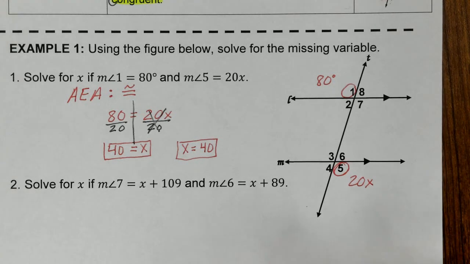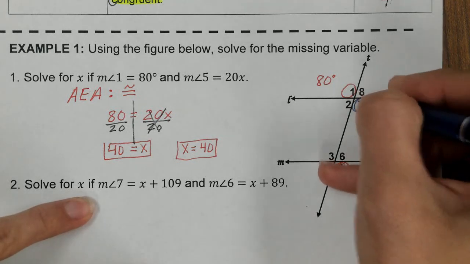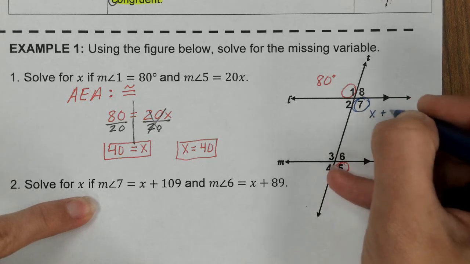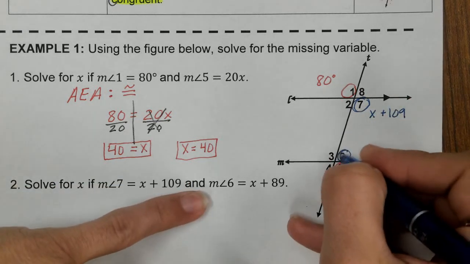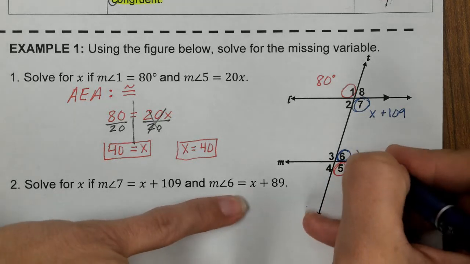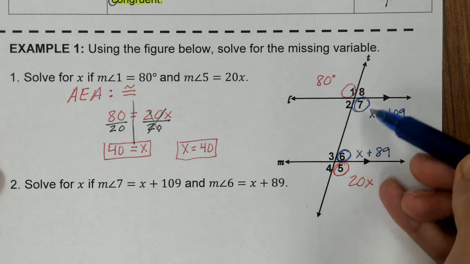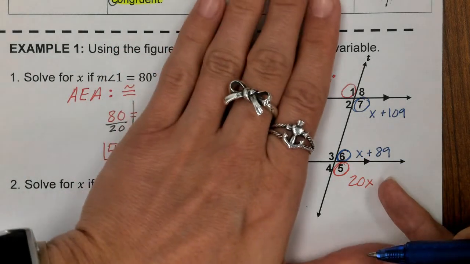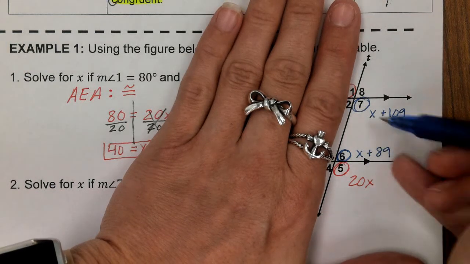Next, we are going to solve if measurement of angle 7 right here is x plus 109, and the measurement of angle 6 right here is x plus 89. I'm going to take a look at these two angles. I see that they are on the same side of the transversal, so same side, and we are interior.